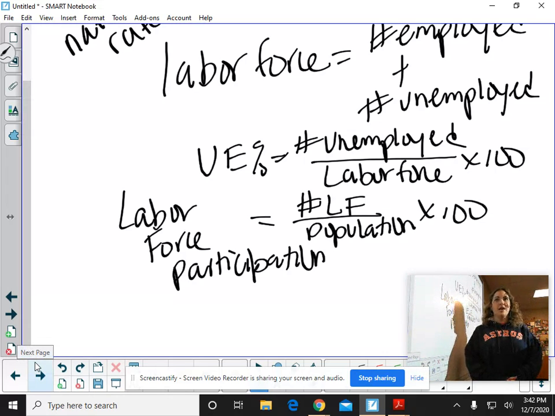Okun's Law, O-K-U-N-'S. Okun's Law says that for every 1% that the unemployment rate goes above the natural rate, so not between like 4 to 6, but let's say 1% from 6% to 7%, GDP will actually fall by 2%.